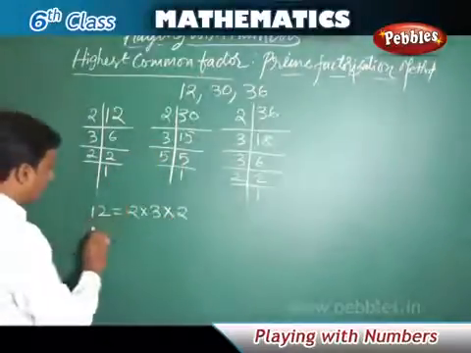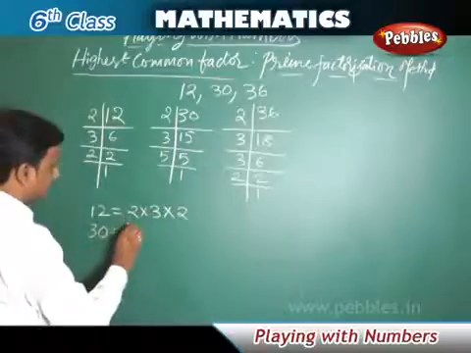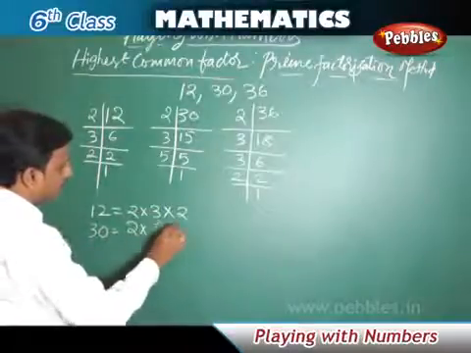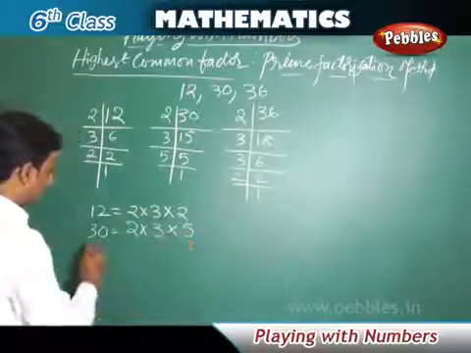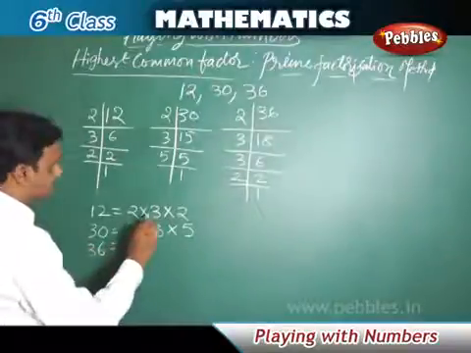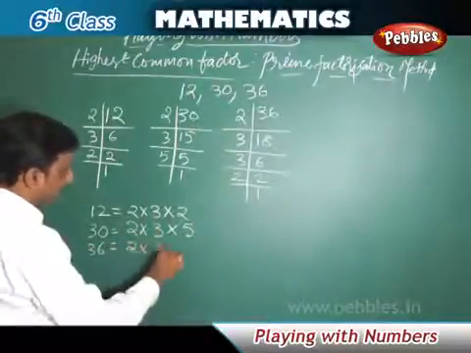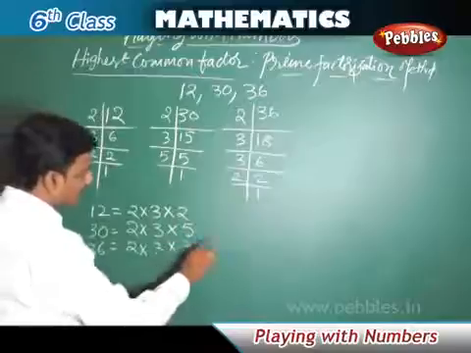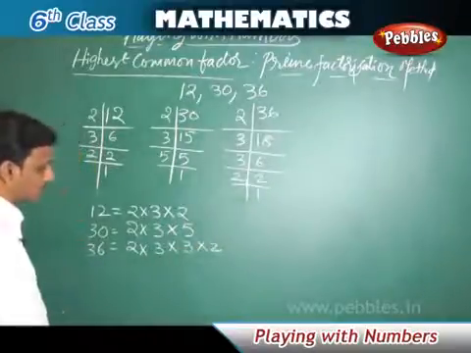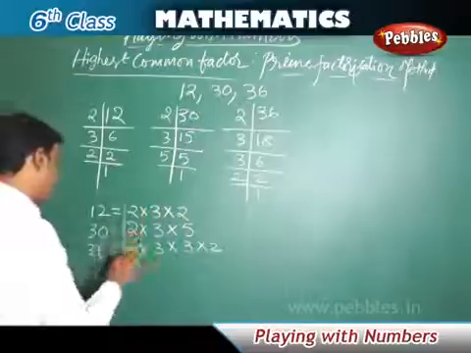The factors of 30 are 2 into 3 into 5, and of 36, 2 into 3 into 3 into 2. Now we take the common factors.